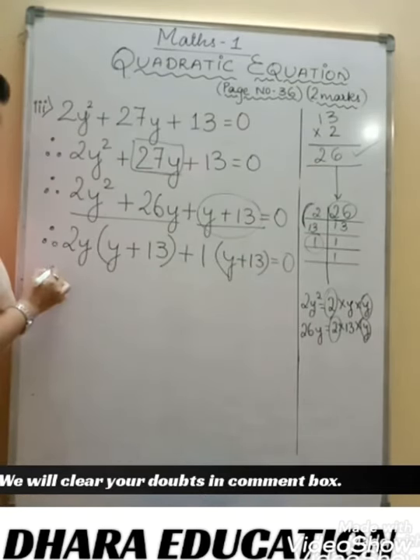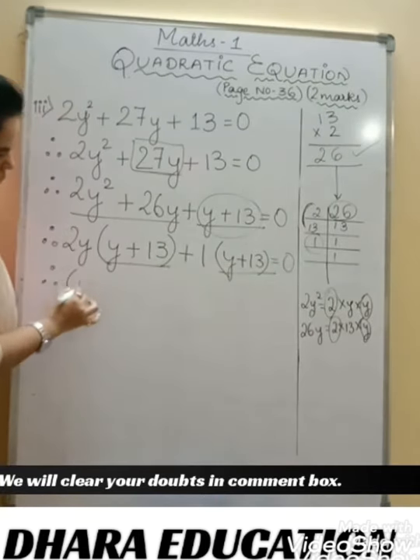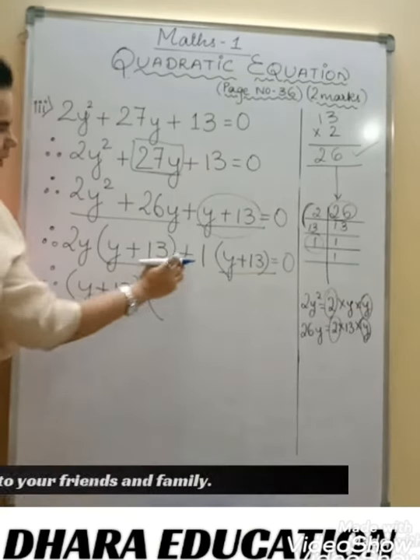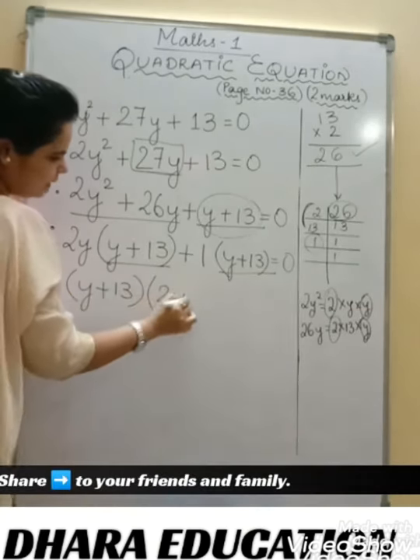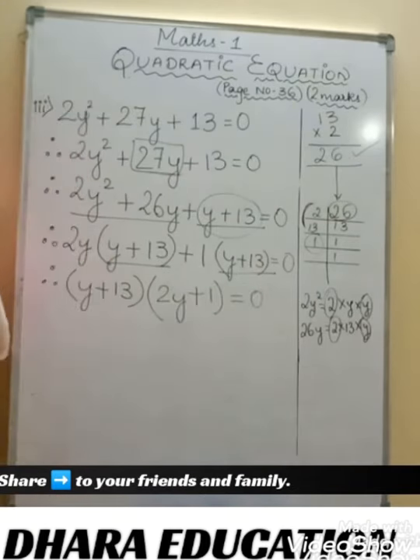Our next step will be taking the common factor, that is y plus 13. The rest is 2y plus 1 is equal to 0. On the other hand, what is the next one?